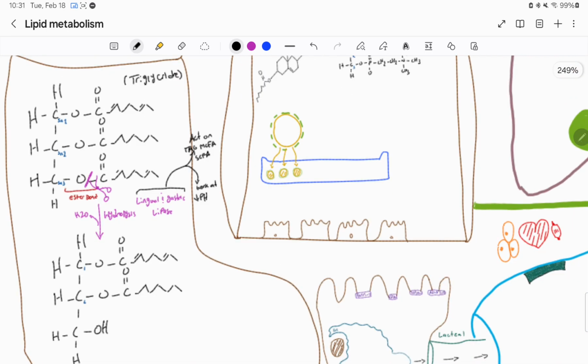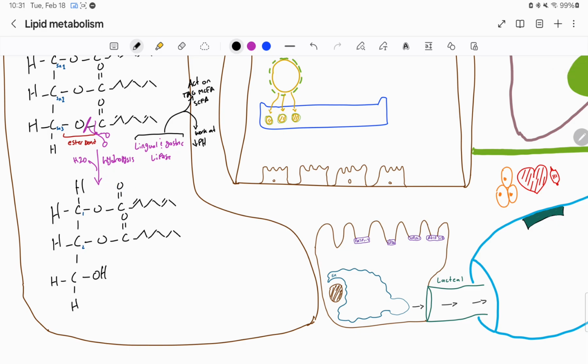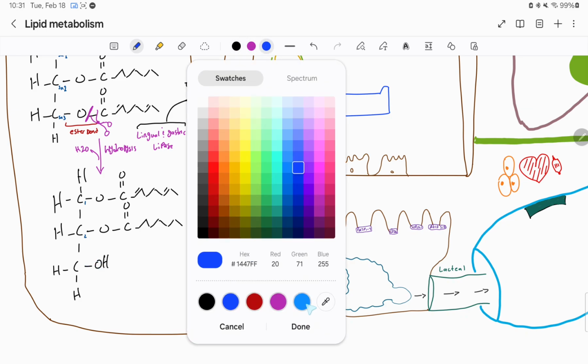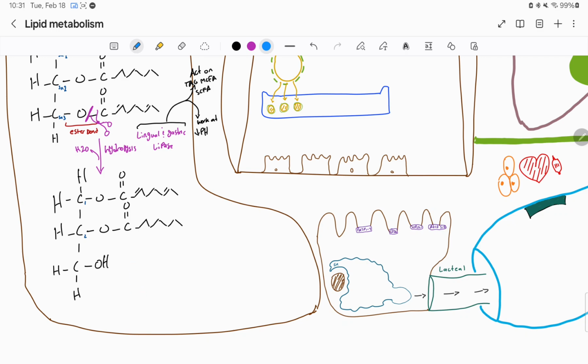All right, so once we actually hydrolyze this triacylglyceride, which we said probably contains short chain or medium chain fatty acids, what you're going to end up getting is this molecule right here. You have fatty acids attached to the first carbon and the second carbon, but no fatty acid on the third carbon. For that reason alone, we call this guy a 1,2 diacylglyceride.